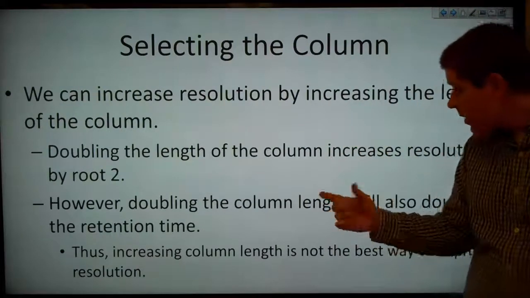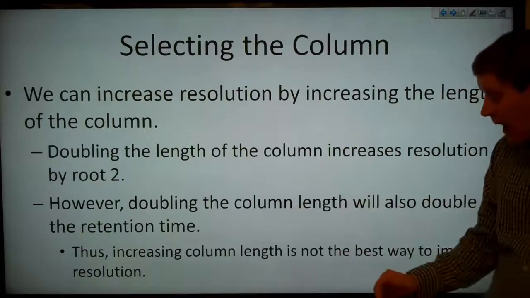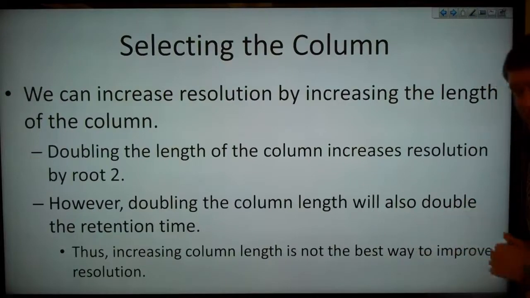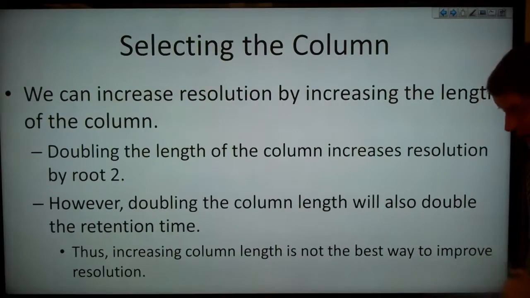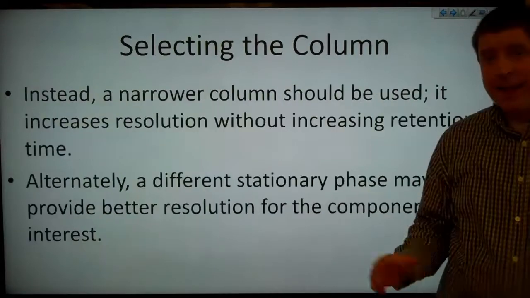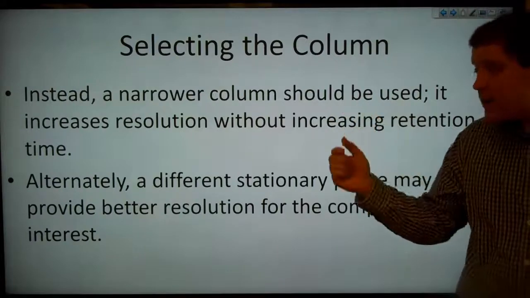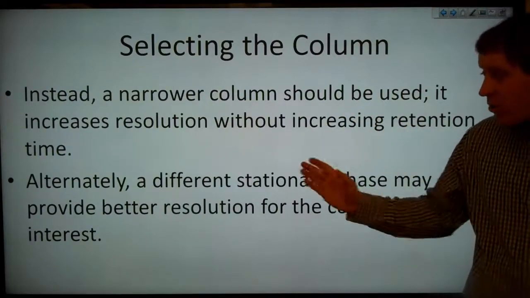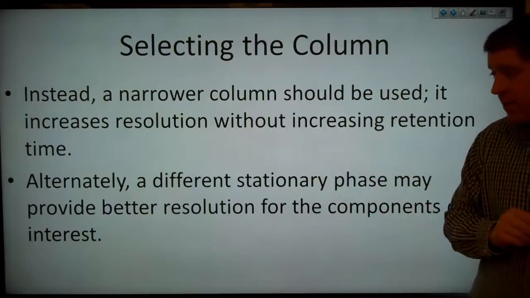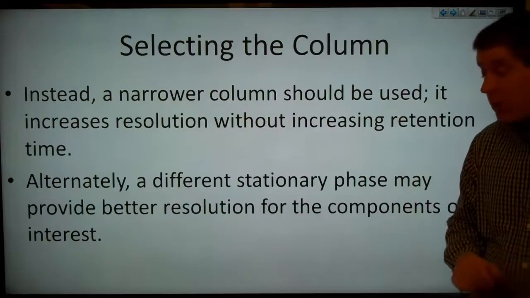Doubling the length of the column increases the resolution by √2. However, doubling the column length will also double the retention time, and thus increasing the column length is not the best way to improve resolution. Instead, a narrower column should be used because it increases the resolution without increasing the retention time. Alternately, a different stationary phase may provide a better resolution for the components of interest to us.